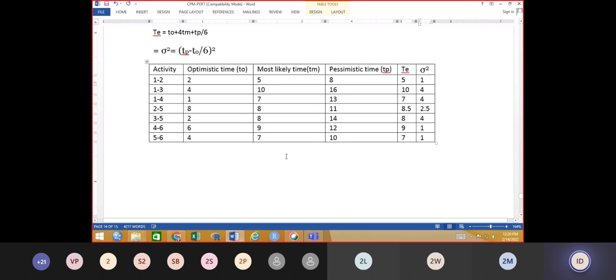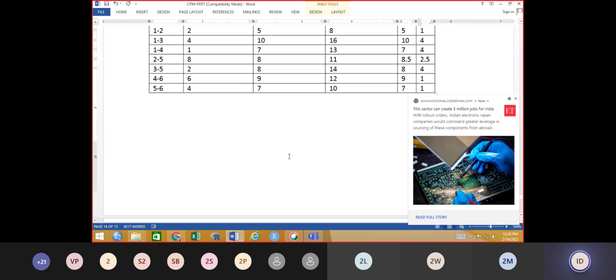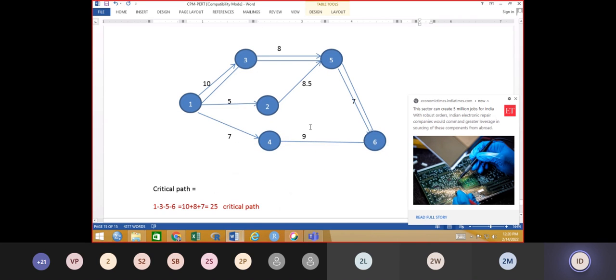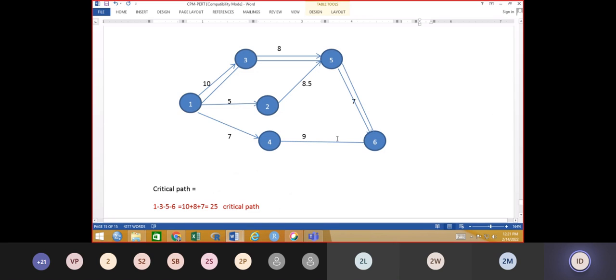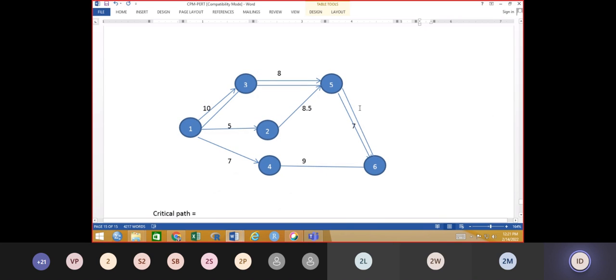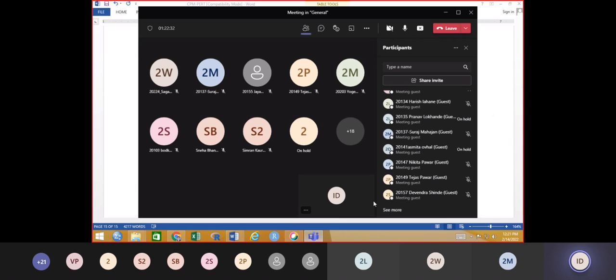Next, from 4 and 5 to 6. Finish. Draw this diagram. Come on, fast.